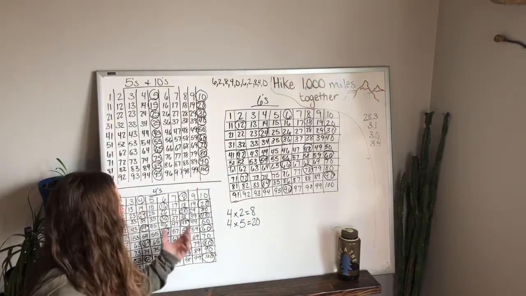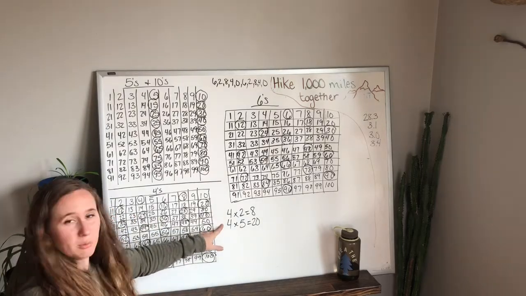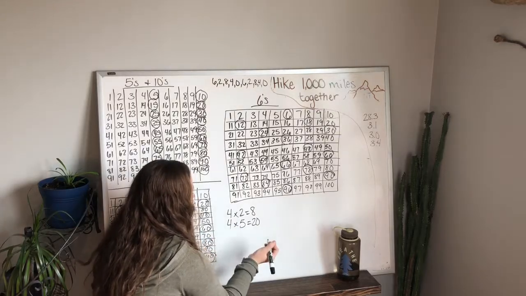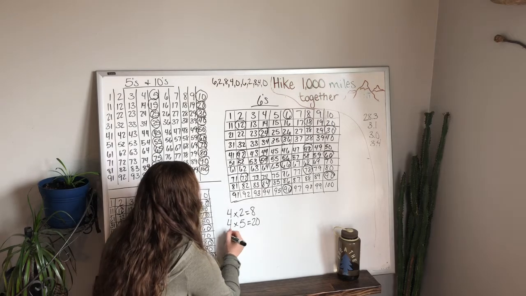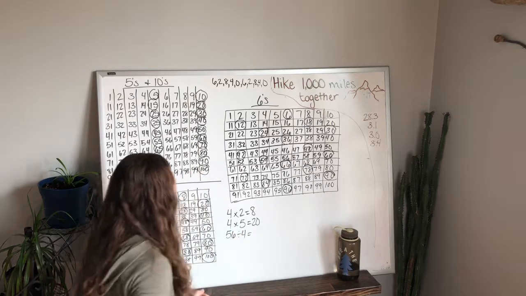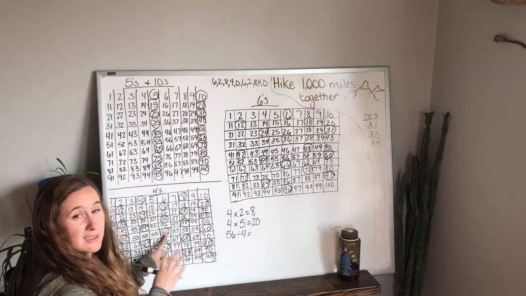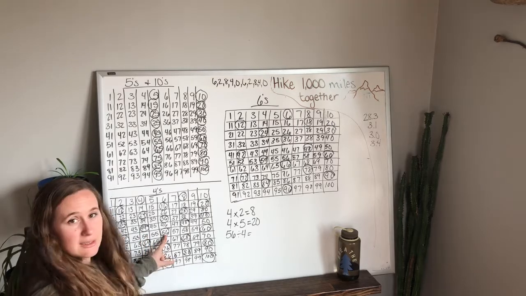So we can use this hundreds chart with our pattern of 4s to help us with multiplication. But can we do the same for division? Let's try that. Let's try 56. 56 divided by 4. Well, all we have to do, because I know we're counting by 4s, because I found that pattern, is count how many 4s it takes to get to 56.